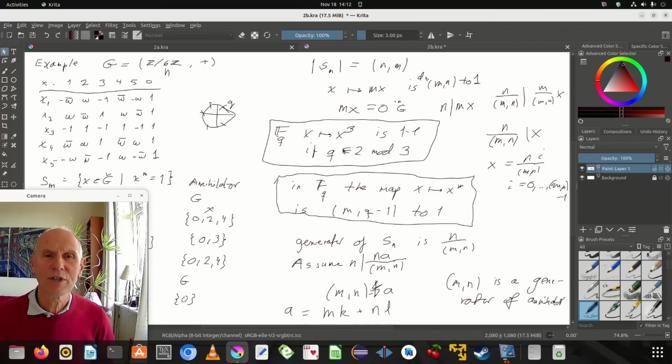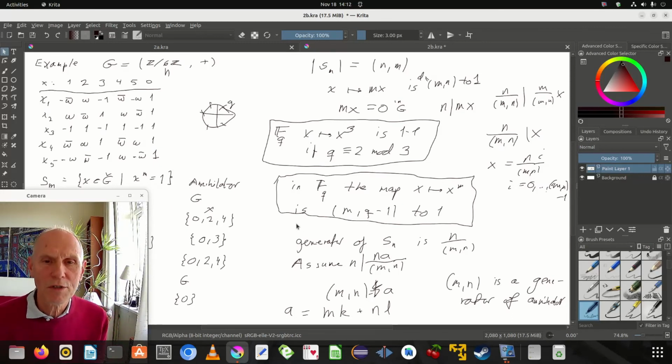Now that was fun, because I recalled that somewhere in chapter 1 I proved the map x to x cubed is 1 to 1 if q is equivalent to 2 modulo 3. That required some work, but now we have a nicer, simpler proof for a more general result. That's very nice.